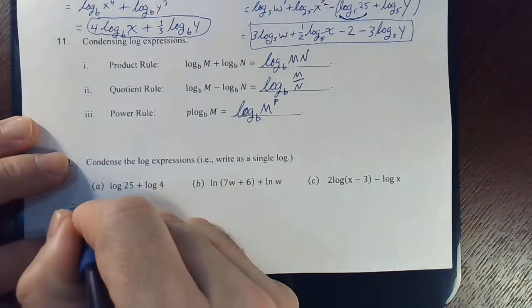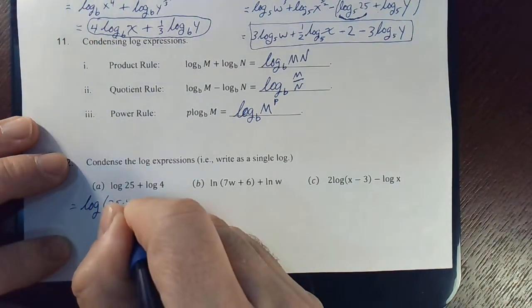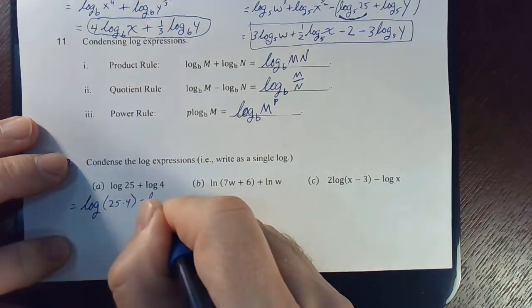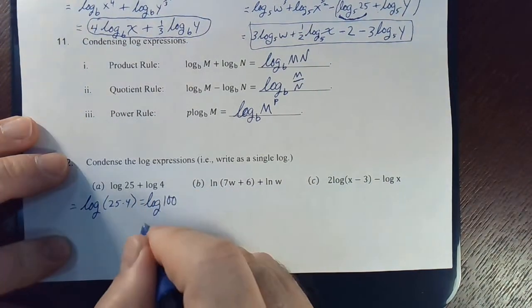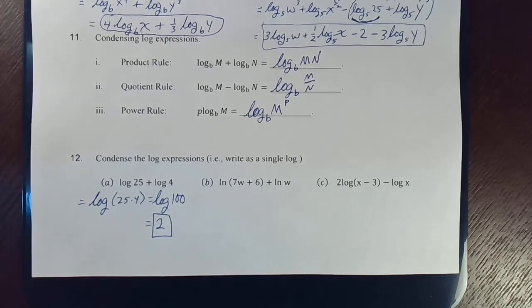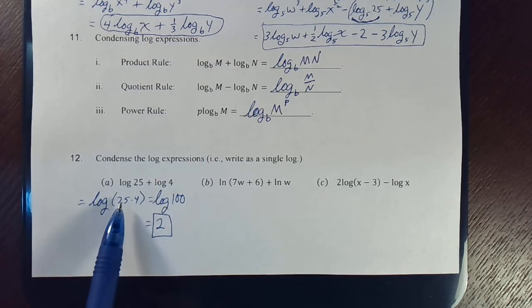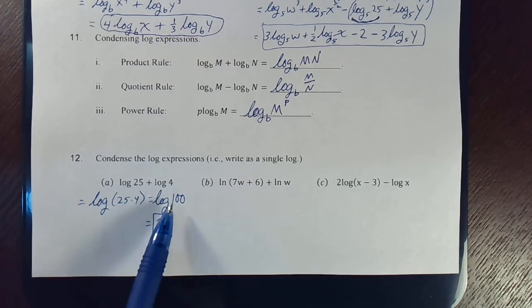So this is equal to log of 25 times 4, which is log of 100, which is 2. So the log of 25 plus a log of 4 is equal to 2. We first condensed it into one log, and we had to multiply 25 times 4, giving 100. And log base 10 of 100, what exponent do you raise 10 to get 100? 2.